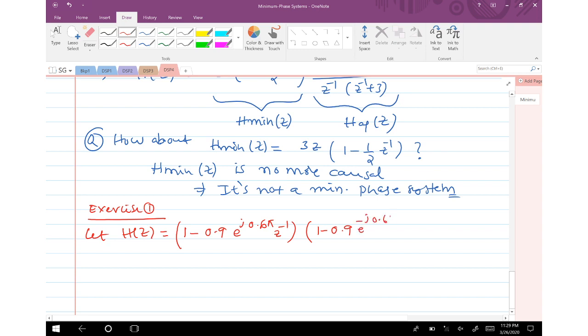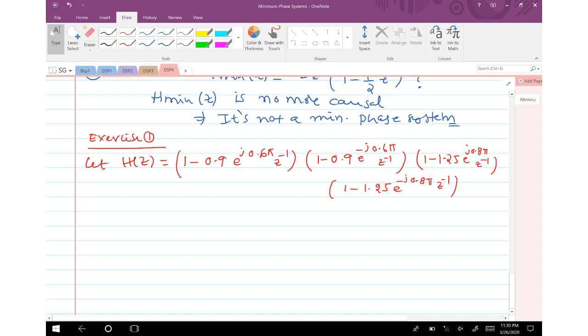So, multiplied by 1 minus 0.9 e^(-j0.6π) z^-1, and then multiplied with 1 minus 1.25 e^(j0.8π) z^-1. You have one more term here: 1 minus 1.25 e^(-j0.8π) z^-1. This is the function given to you.